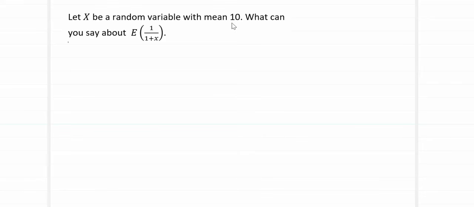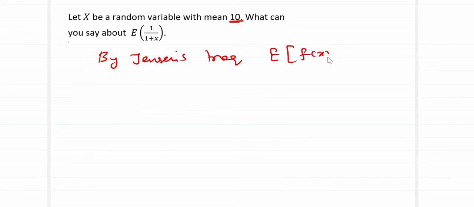X is a random variable with mean value 10. We have to say what is the value taken by the expectation of 1 by 1 plus x. So we will try to apply Jensen's inequality to get the value. By Jensen's inequality, we have E of f of x greater than or equal to f of E of x.